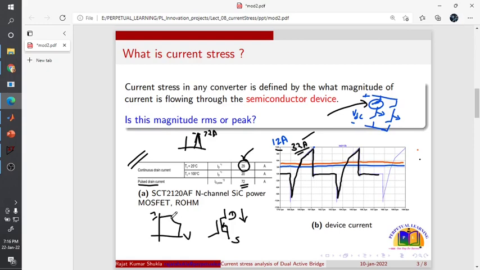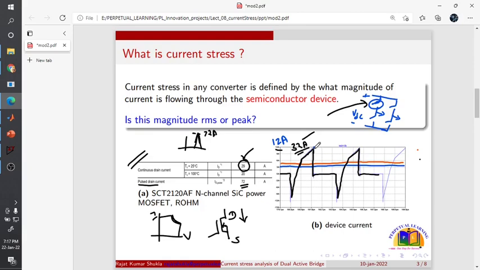So this value depends on what amount of current is flowing through the device and what amount of voltage is across the device. Anyway, what I'm trying to say is, keep the peak value at 12 ampere, which is considerably less than the continuous drain current of 29 ampere. So current stress is less.